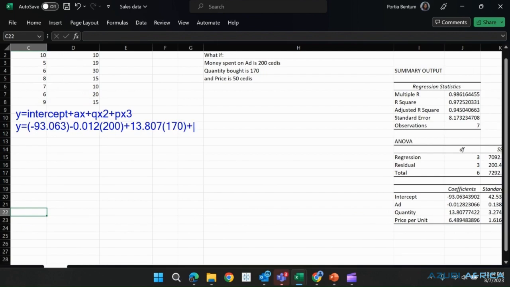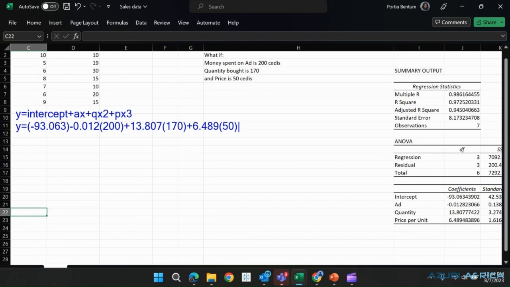Plus, we are taking our third independent variable, which is the price. The coefficient for the price is 6.489. We are multiplying it by X3, that is 50 cedis being the price of the product. So we multiply it by 50 cedis.